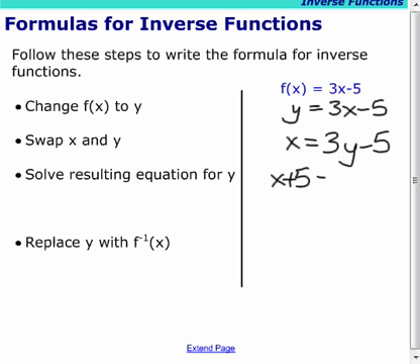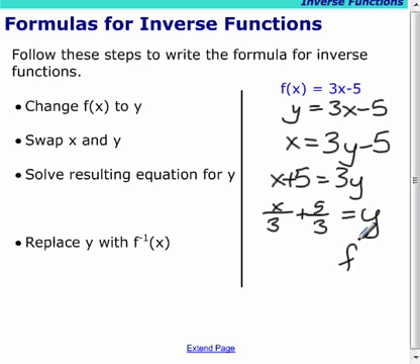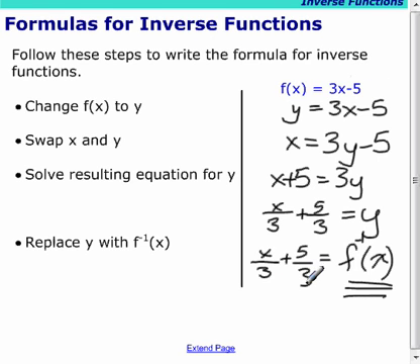So I'll add 5 to both sides, and then I'll divide everything by 3. So I'll have x over 3 plus 5 over 3 is equal to y. Then, lastly, change the y to f inverse of x, written f to the minus 1 of x. This f minus 1 indicates that it's the inverse function. So it's our notation that we'll use for an inverse function. So if f of x is equal to 3x minus 5, its inverse is equal to x over 3 plus 5 over 3.